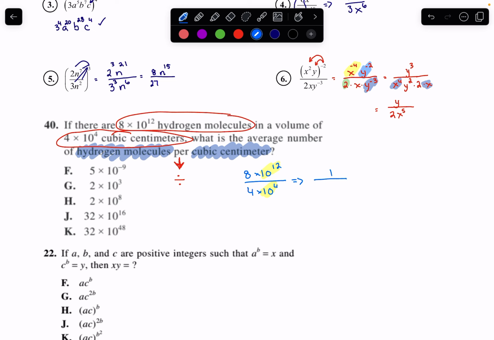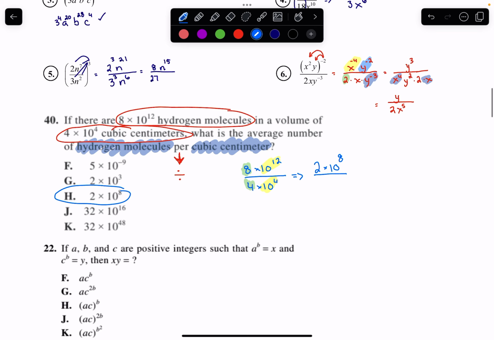That means I've got more tens on top. And so when they cancel, I'm left over with 8 of them. Now, the 8 and the 4 is just 8 divided by 4. That's just normal math. That just means 2. So my answer should be 2 times 10 to the 8th, which hopefully, there it is, shows up, letter H.